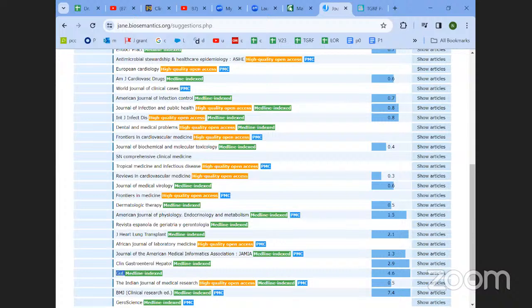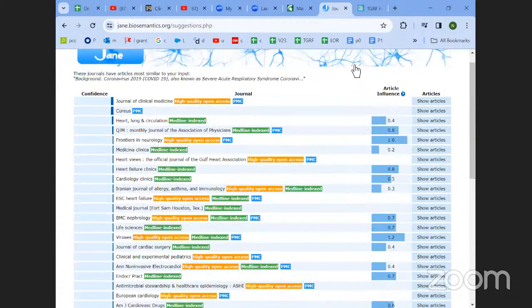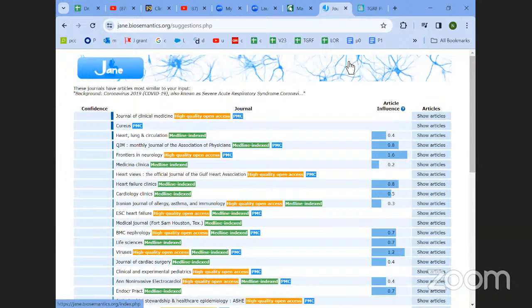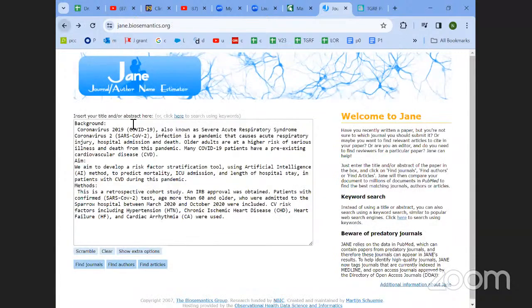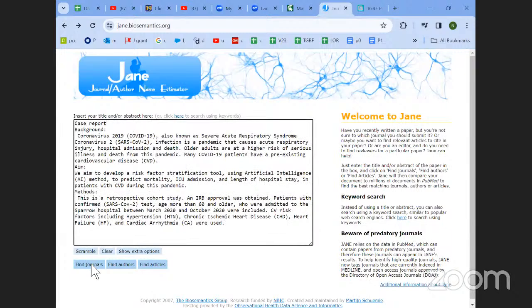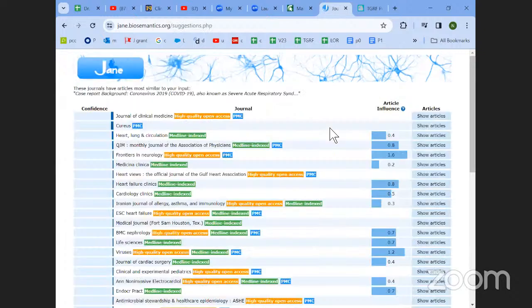So it all depends on what kind of paper you are presenting. If you are presenting a case report, you should aim for a lower impact factor, because a case report is easier to publish. If you are presenting a meta-analysis or systematic review, then you should focus on a journal with a high impact factor. That's the only thing I want to add.